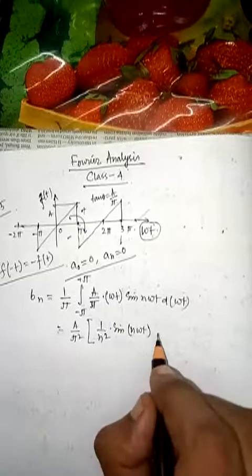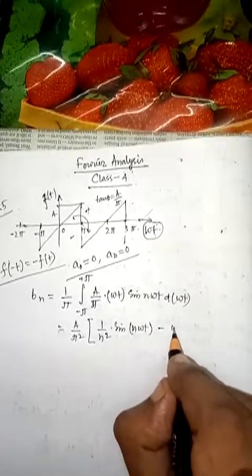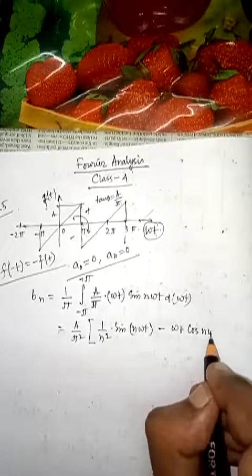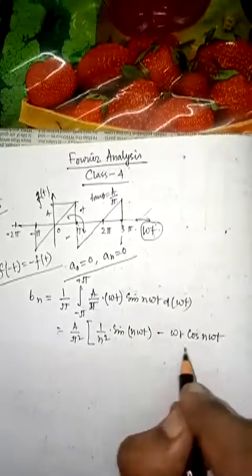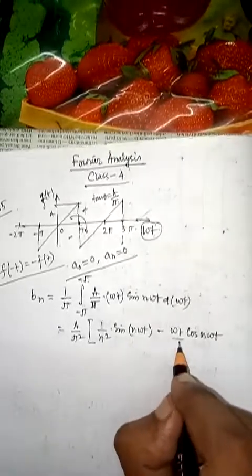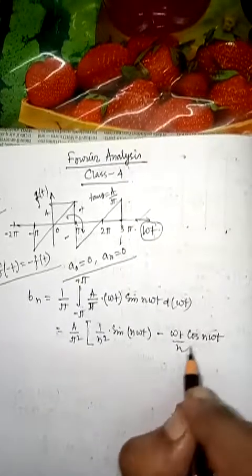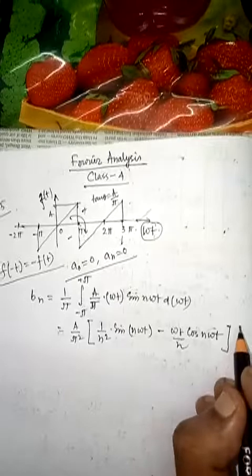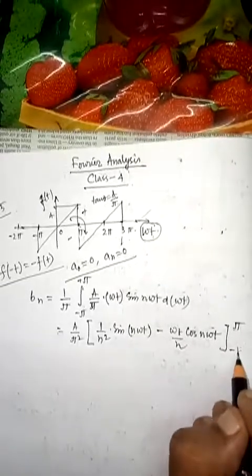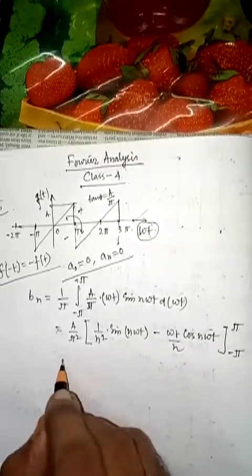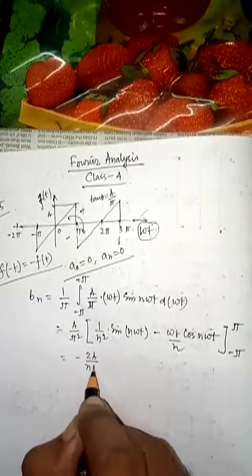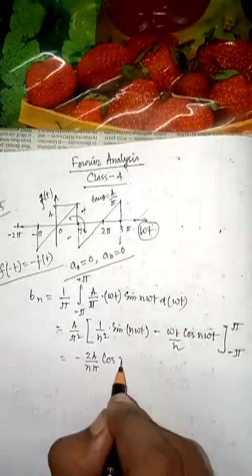In the other part, omega t will be as it is, and the integral of sine will be cos n omega t, and for that n omega it will come as by n, because omega t is a variable here. Taking the limit minus pi to plus pi of this integral, it will be minus 2a by n pi cos of n pi.